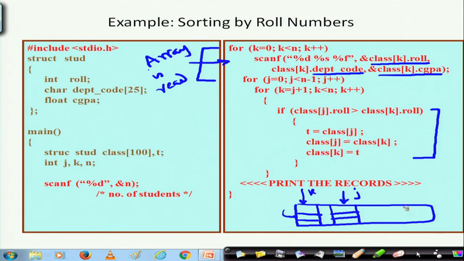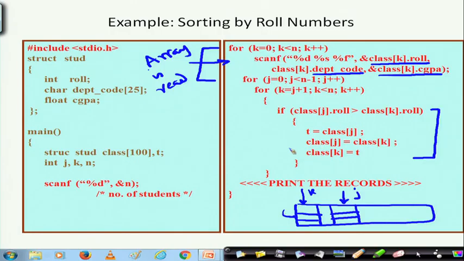Now, what are we sorting here? In the example earlier that we had done, we were sorting integers or real numbers. Here what we are doing, we are sorting the entire structure. As you can see here, the entire structure, j is coming to t. So, t is again a structure, k is coming to j, and so this is a swap operation, swapping structures.